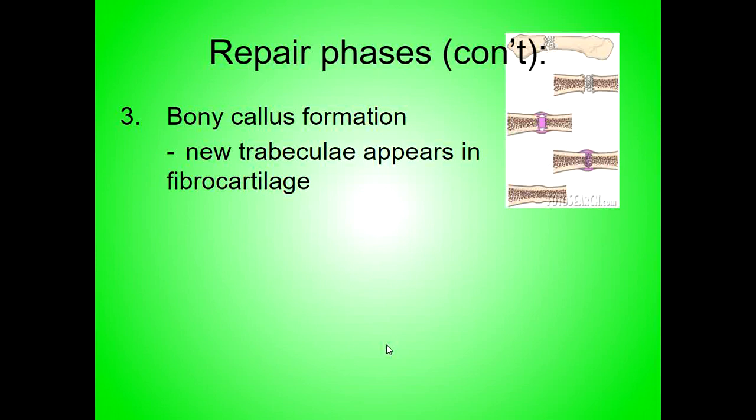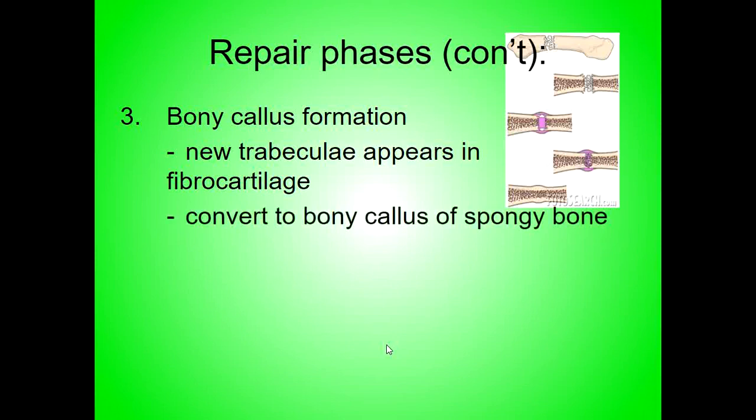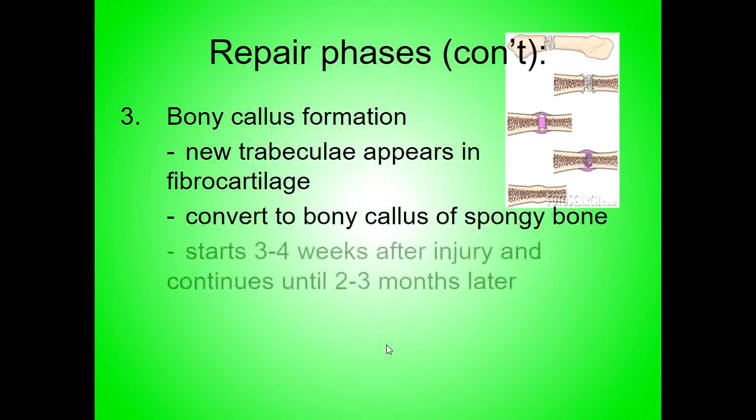And so we're going to start to form new trabeculae or spongy bone within that cartilage callus that we formed. And then eventually we're going to convert that to a bony callus. This usually starts 3 to 4 weeks after the injury, but notice that repair continues anywhere between 2 to 3 months after you've broken the bone.